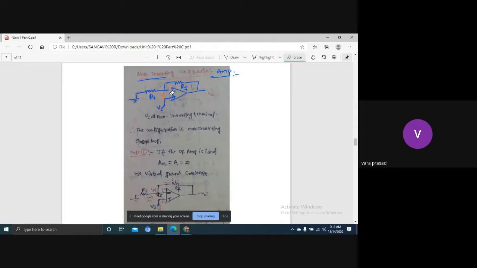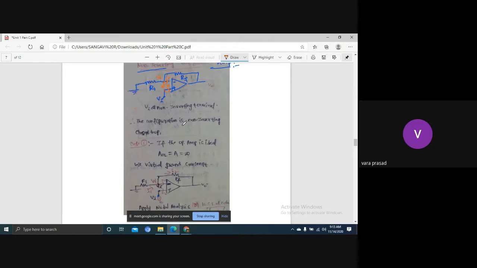If virtually connected to the ground, there is no current flow here, and no current flow inside this. Only current flows where the voltage drop is Vi, and the current will be zero here. This is a virtual ground: virtually it is a ground, not physically. We can call it the virtual ground concept.